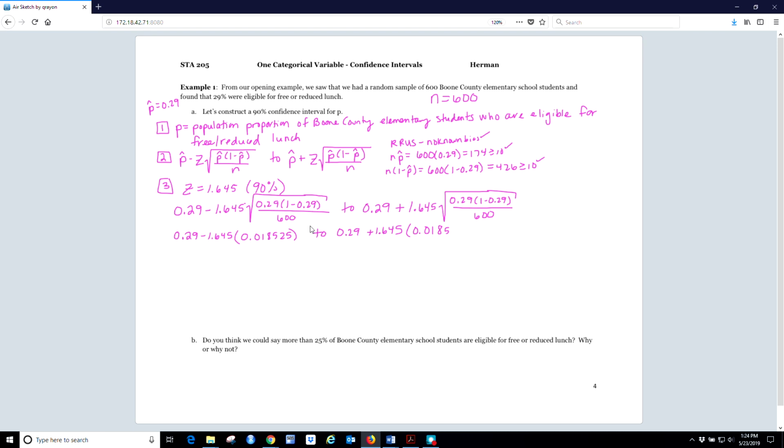Then we're going to do our multiplication. So our 1.645 times that 0.018 number gives us 0.0305. And then finally, doing our subtraction and addition.